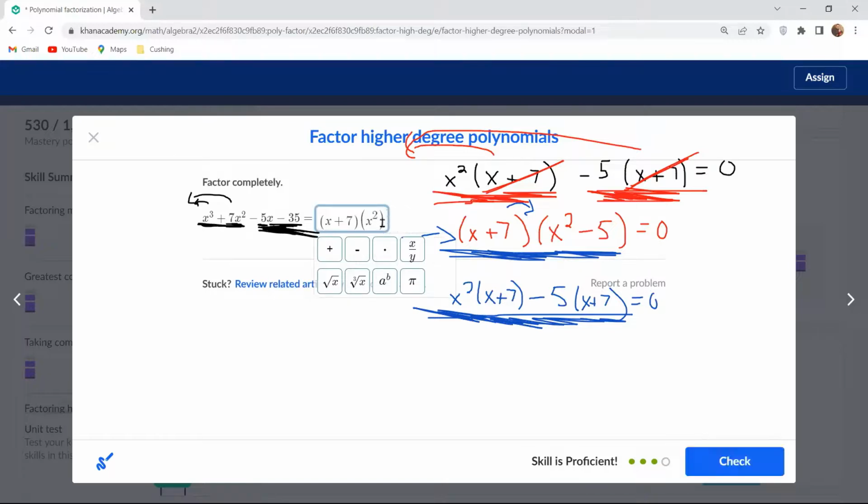Once I get this written in correctly, x squared minus 5, why do I not factor this? I could certainly try, and I think that is the right instinct to try to factor this further. The problem is you're not going to find two numbers that multiply to negative 5 and add to 0. That would just be the square root of 5. So you're going to end up with x plus the square root of 5, x minus the square root of 5.